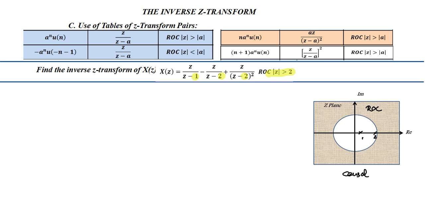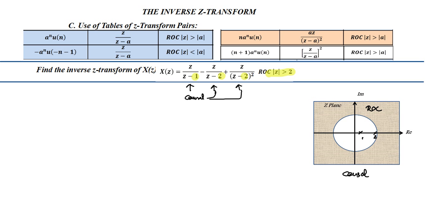Okay, outside the circle, greater than a pole, so both the poles lie inside the circle and the ROC is outside these poles. So all these terms, z minus 1 or z minus 2, we need to write in terms of causal form. Okay, causal and causal.